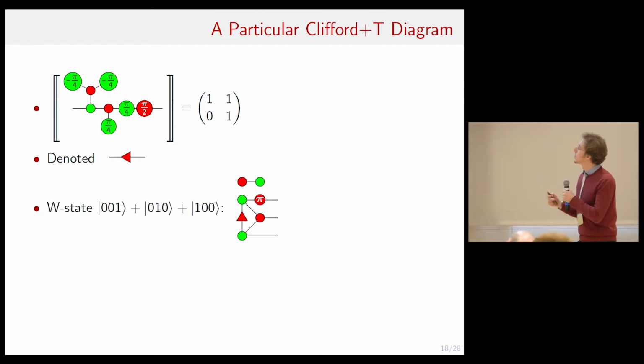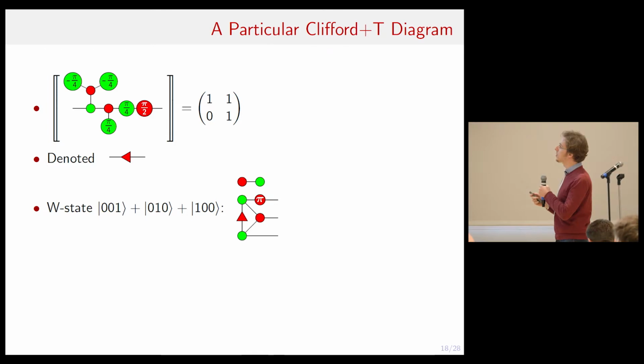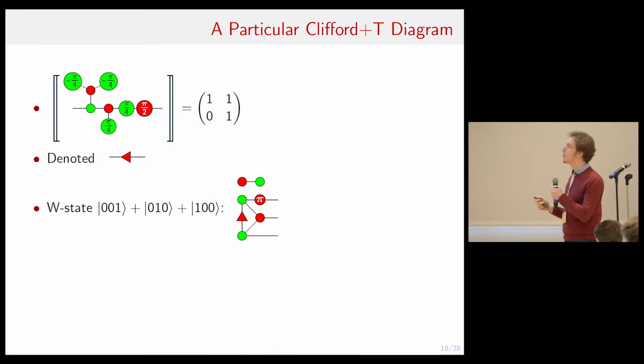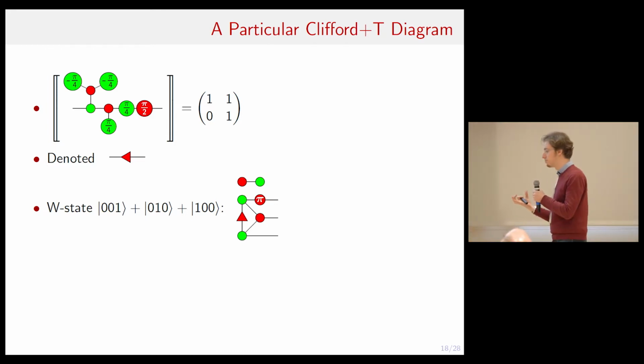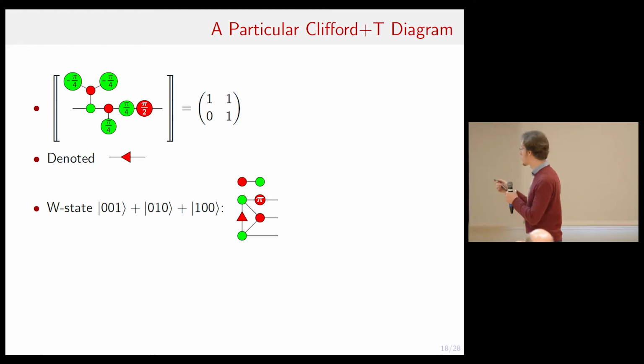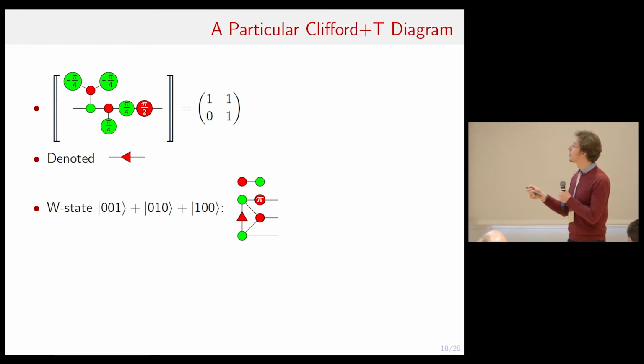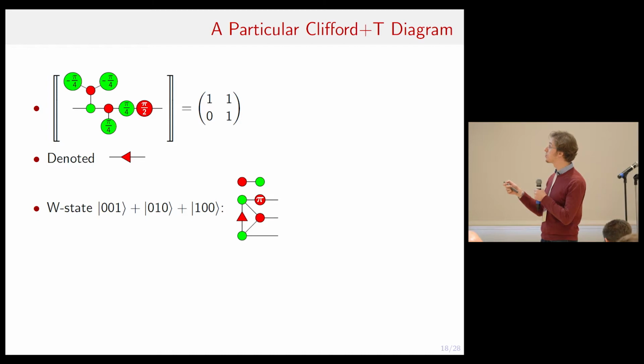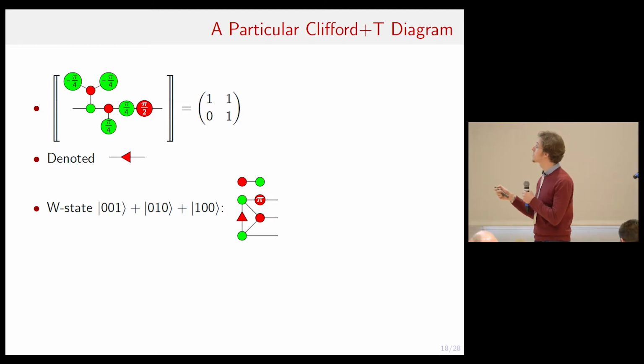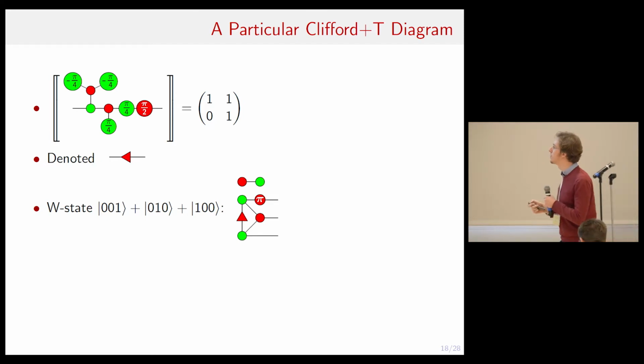And it turns out we can use it in order to create some interesting states and operators. For instance, the W state, which is 001 plus 010 plus 100, can be represented using this subdiagram.